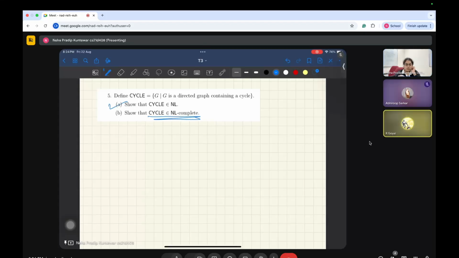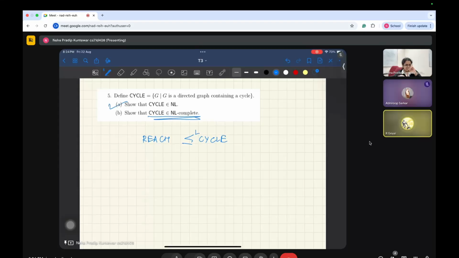So how can I reduce reachability to the cycle problem? Why do we reduce reachability to some other problem? Don't we have other problems which we can reduce from? Exactly, that is a very good question, and in fact in this example we are going to need something else.